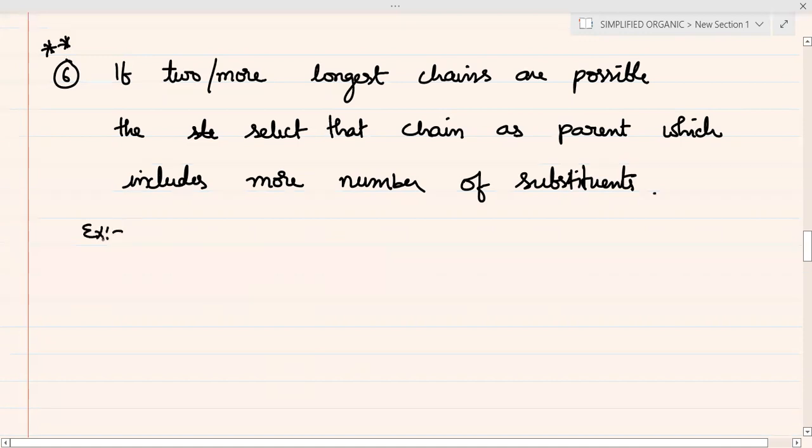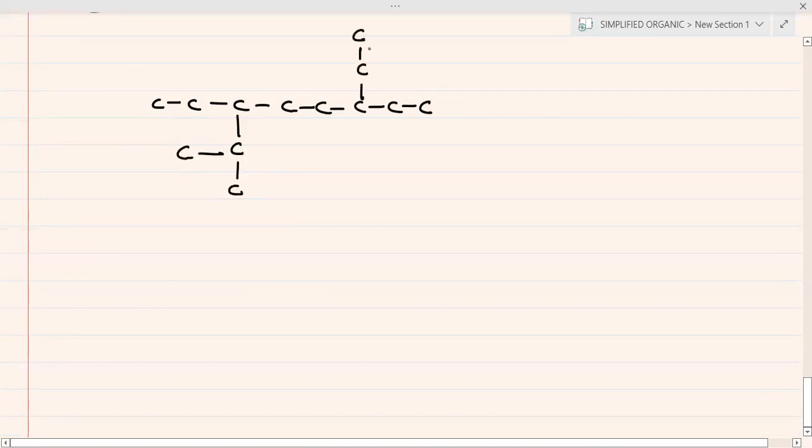Like for example, imagine I have a compound something like this, and here I have a branch, and here I have a branch like this.